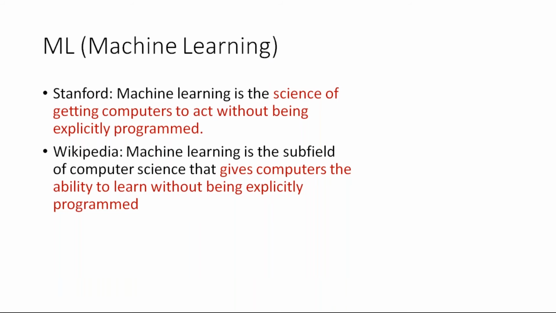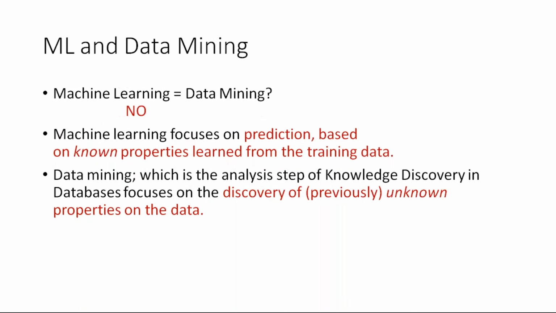So what is machine learning? We'll see a few definitions from the major players, like the definition which is very popular on the internet. Machine learning is defined by Stanford as the science of getting computers to act without being explicitly programmed. The definition is very important.